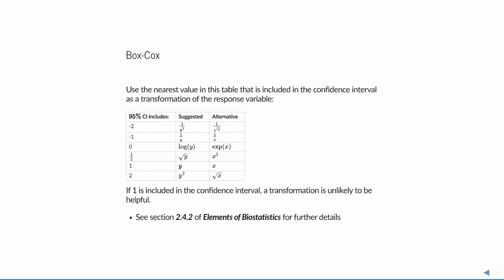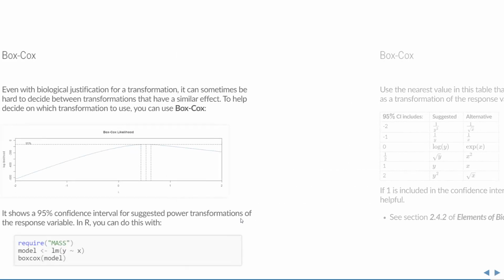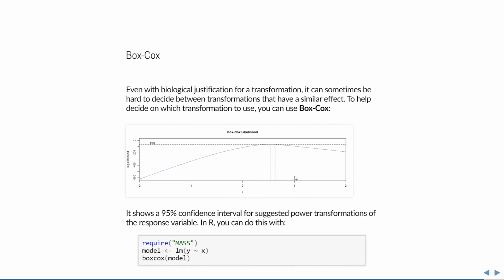And as for these other values, if another value is included in a 95% confidence interval, then you want to use the ones suggested over here. If multiple are included in the confidence interval, then Box-Cox cannot give you the answer to which is better. And also, if 1 is included in a confidence interval, well, if you do something to the power of 1, then nothing happens. So if this range over here includes 1, then you should not perform a transformation.